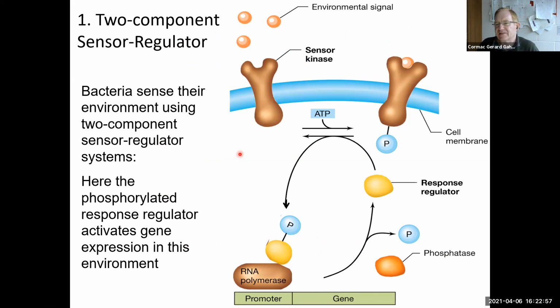And I'm discussing this as a gentle introduction to the concept, because I really like this system, because it comprises two different proteins. The first protein is the sensor, so it's a two-component system.